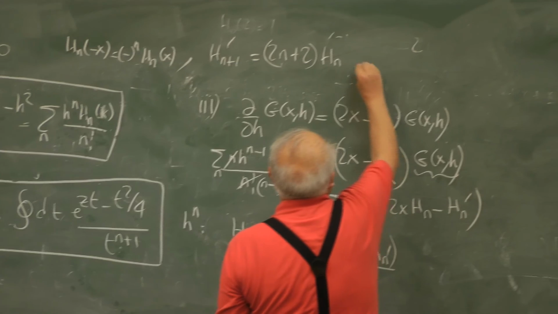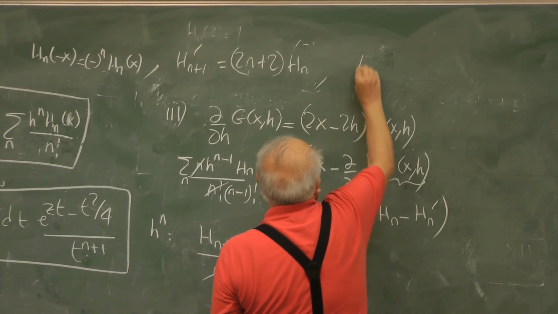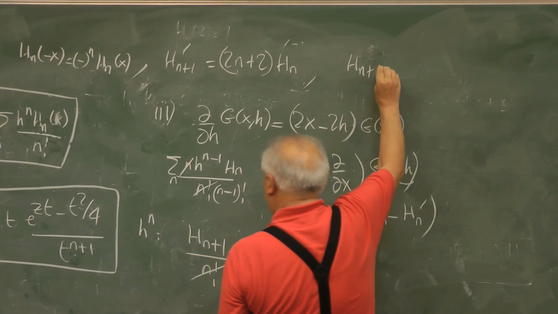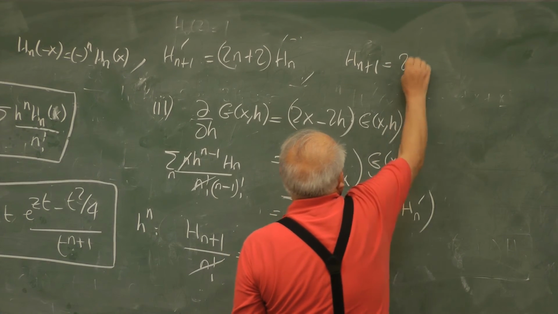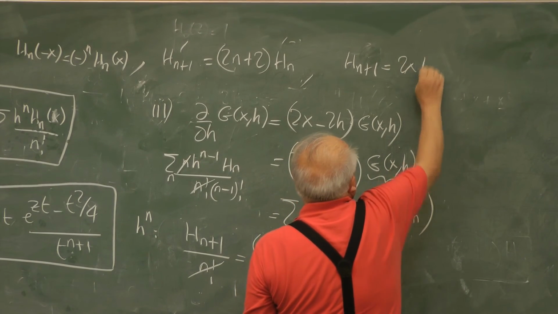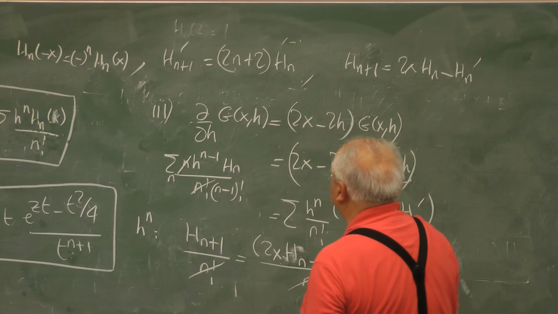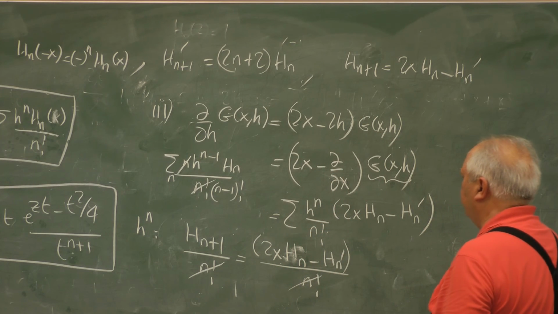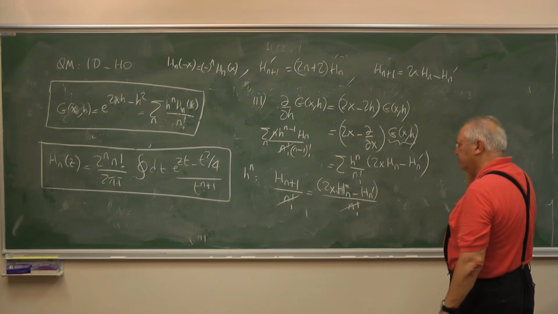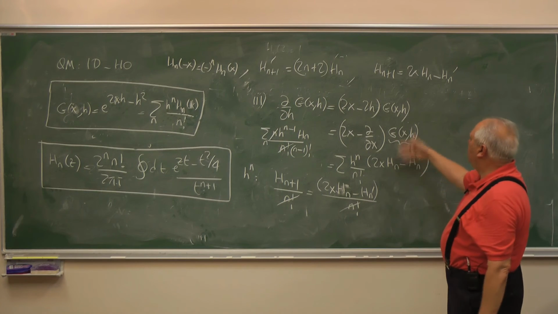We have another recursion relation. H n plus 1 equals 2x Hn minus Hn prime. I will erase this part.